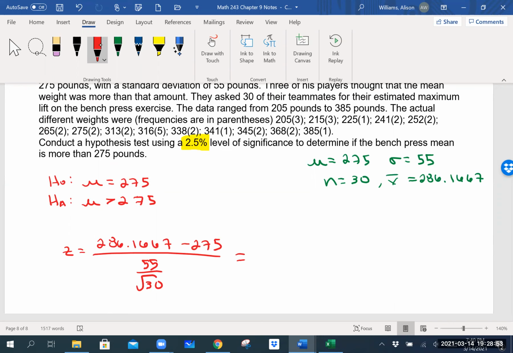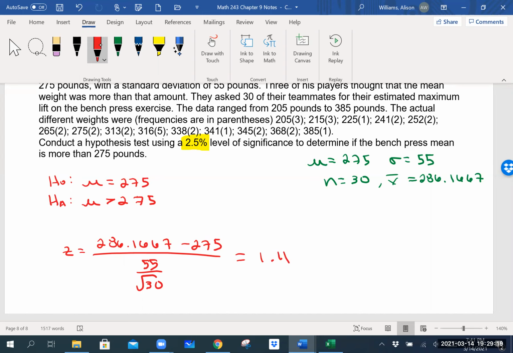I didn't have this one ready to go. Minus 275 divided by 55 over the square root of 30. All right, so I'm getting 1.11. And I'm rounding to 2 decimal places because I'm going to use my table.